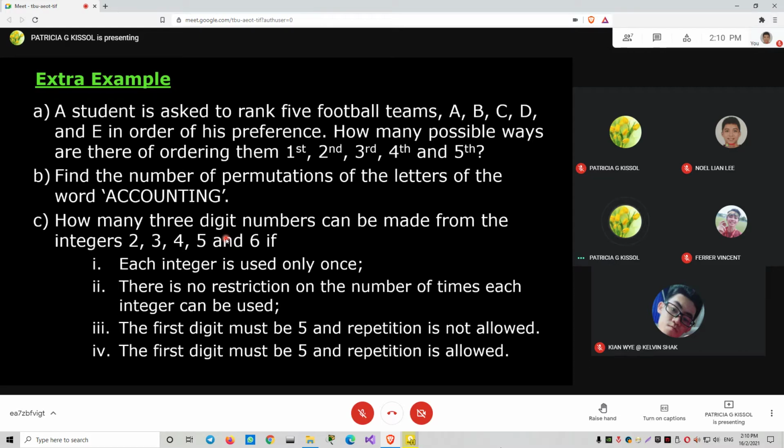Then, with no restriction on the number of times each integer can be used, that means repetition is allowed. And question 3 has a condition: the first digit must be 5, repetition not allowed. And the fourth question, the first digit must be a 5 and repetition is allowed.